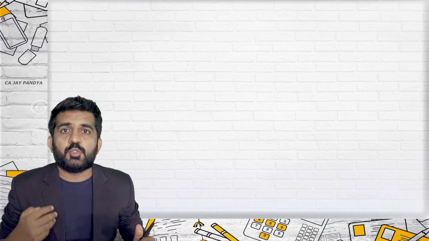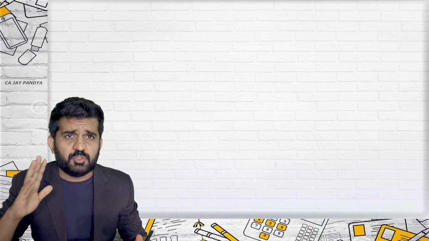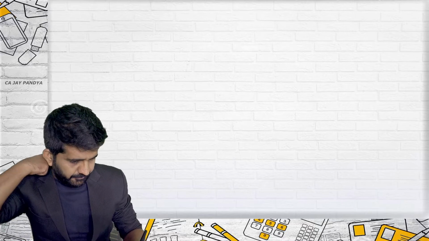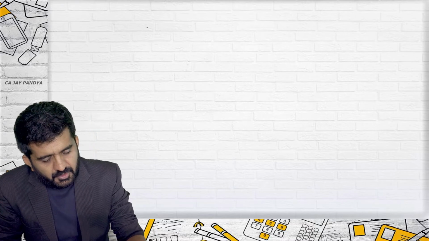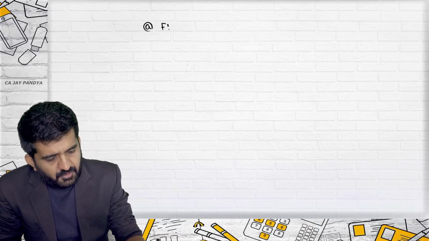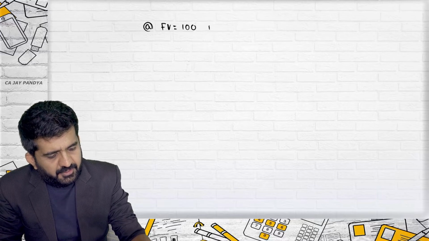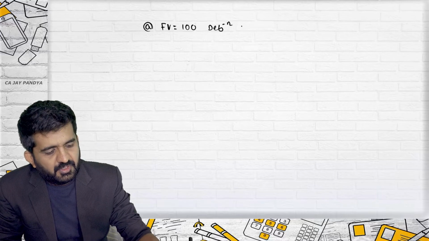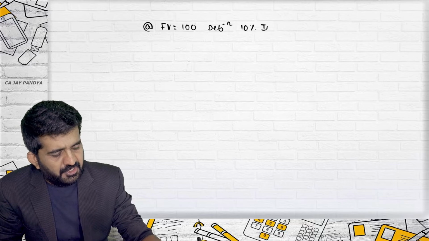This was the question that we had skipped in cost of capital, and now onwards whatever questions we have skipped, 1 or 2 questions will be there that you need to go and solve on your own. I'm just giving you a technique. A company is having debentures of face value 100, having 10% interest rate.